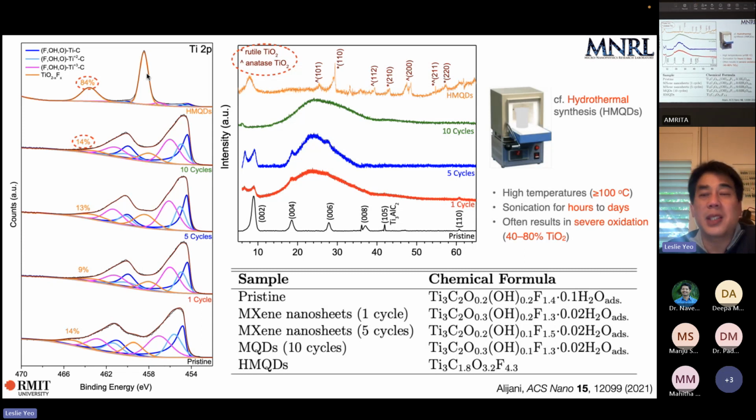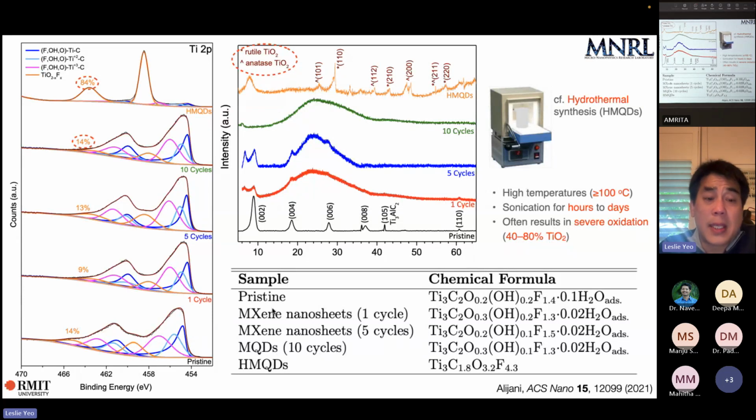With hydrothermal synthesis, actually you don't make a lot of MXenes, you make a lot of TiO2, right? Because of the oxidation, about 84% is TiO2. We see a lot less, about 14%, which is close to the pristine value anyway. So that's interesting.